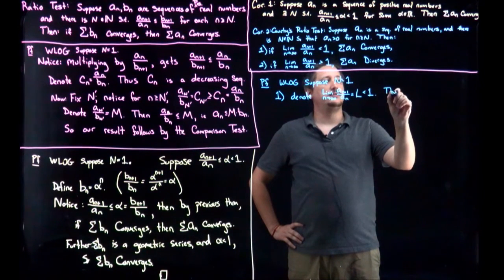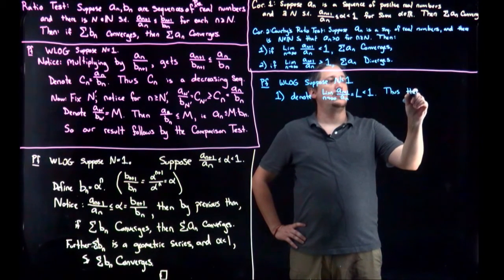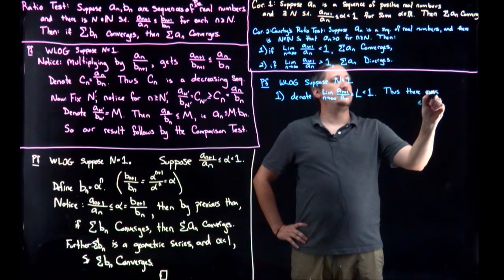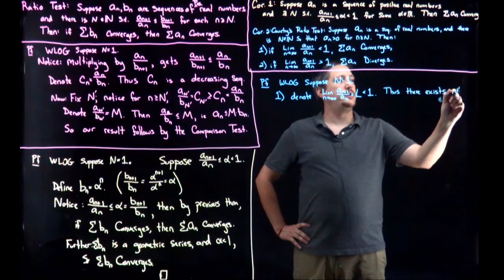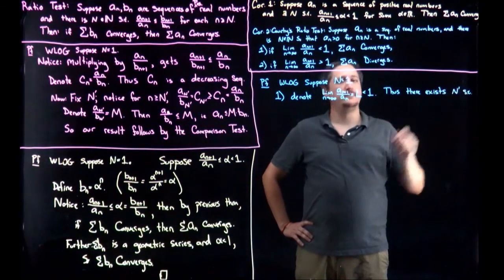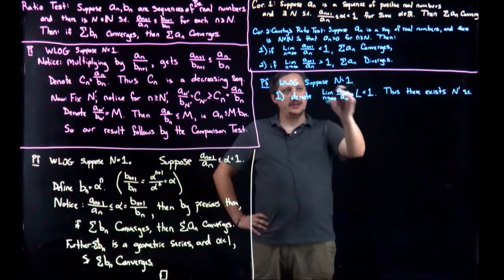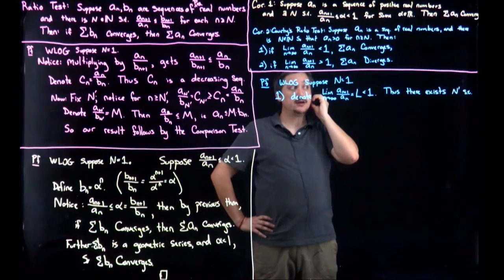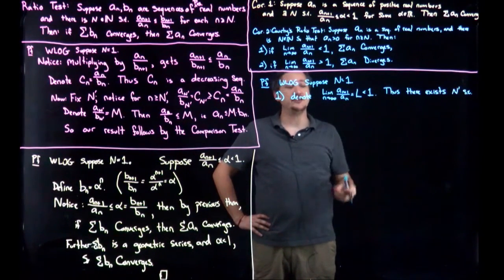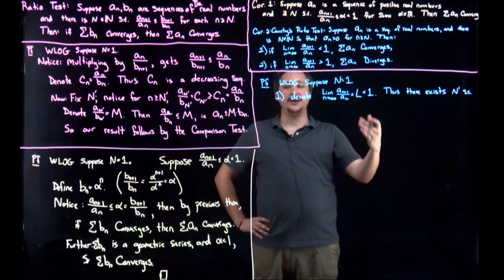Thus, there exists N prime so that, the limit being L means that I can go deep enough in that sequence such that I get as close to L as I want.